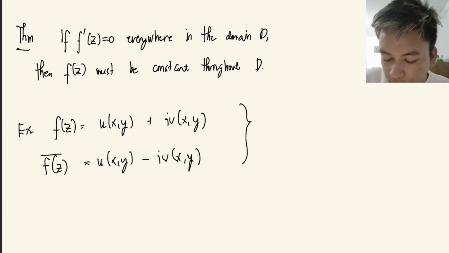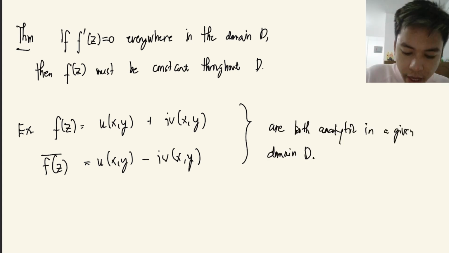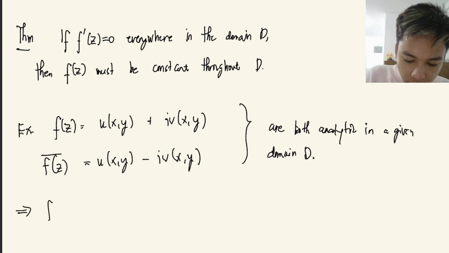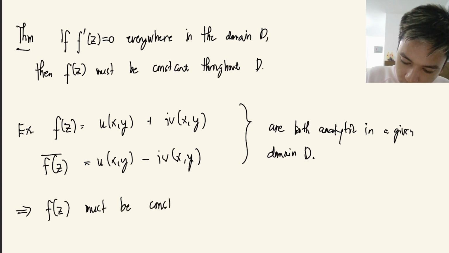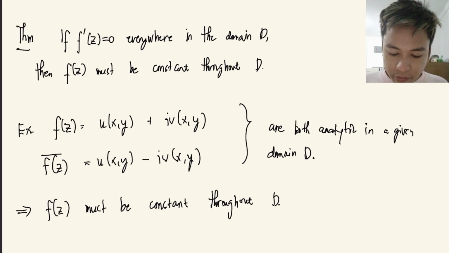Now, suppose these two are analytic in a given domain D, then what happens is our f of z must be constant throughout the domain D. So that's the claim here for our example.